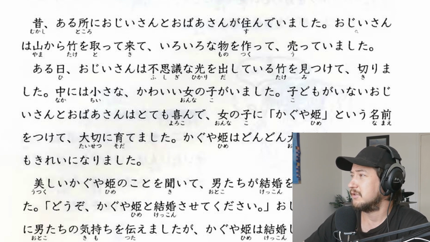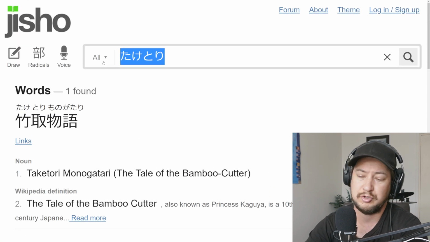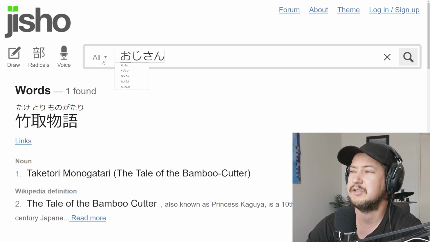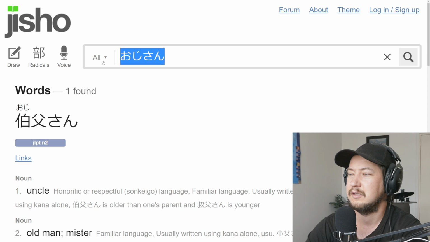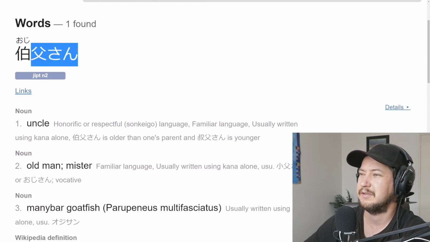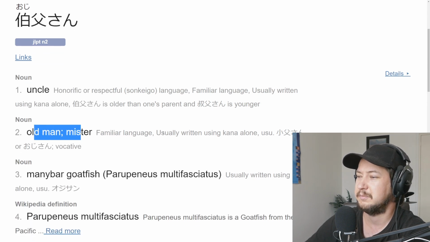So this guy is Oji. I think if it's short Oji-san, that means uncle, and if it's the long Oji-san, it means old guy. And, wait, it's kind of both. Oji-san means uncle, and it means old man.